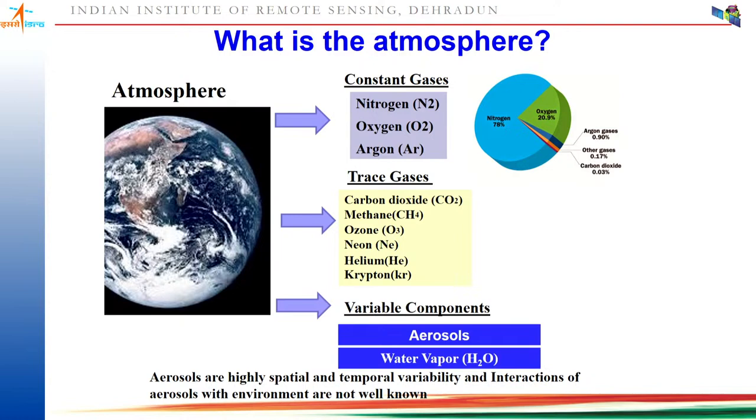These are particles whose diameter is 1 micron, 2.5 micron, or 10 microns, hence the names PM1, PM2.5, or PM10. Any component which falls in this size range is categorized as particulate matter. These are also highly variable from one place to another. The concentration changes, and it also moves from one place to another as per the meteorology and other conditions.